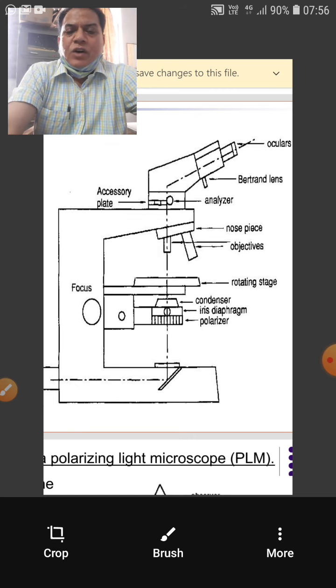Felsic minerals are dominantly of the feldspar group, because more than 55% of the earth crust or of the rocks are feldspars. Then there is quartz, and then the feldspathoids. These three groups together are known as the felsic minerals, and their character is that they don't have iron and magnesium in their composition. As such, they are colorless.